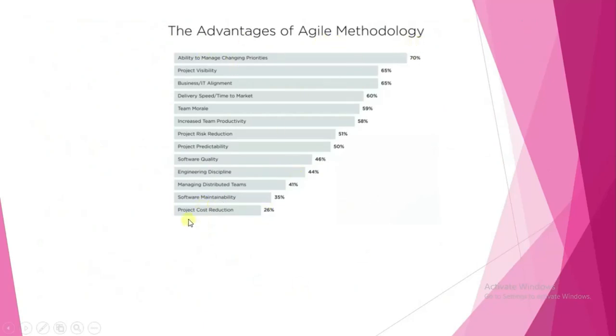You can see here project cost reduction of up to 26%, software maintainability 35%, managing distributed teams 41%, engineering discipline about 44%, software quality about 46%, project predictability 50%, project risk reduction 51%, increased team productivity 58%, team morale 59%, delivery speed and time to market 60%, business and IT Agile alignment 65%, project visibility 65%, and ability to manage changing priorities 70%.